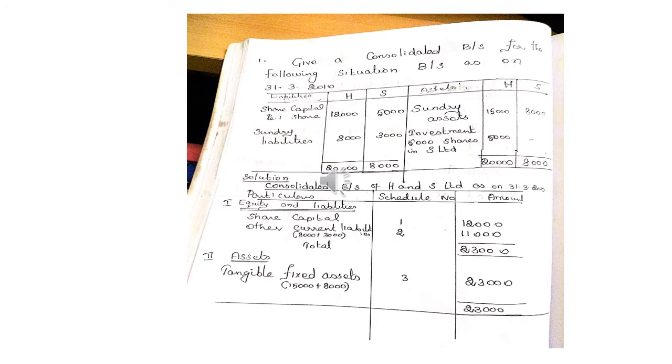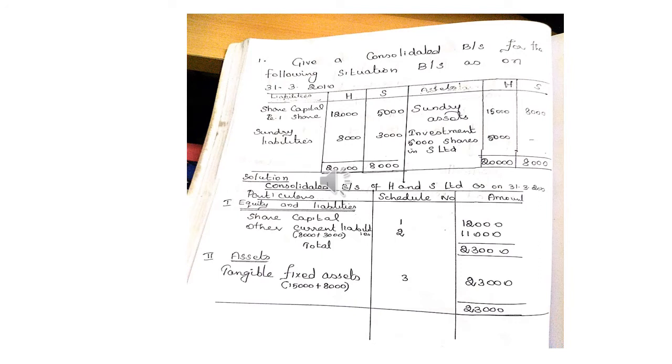Now we have to do the solution. In this problem, the final account format is particulars, schedule number, then amount. First, Roman numeral 1 is equity and liabilities. It is a simple problem. Holding company share capital is 12,000 and sundry liabilities are called other current liabilities.